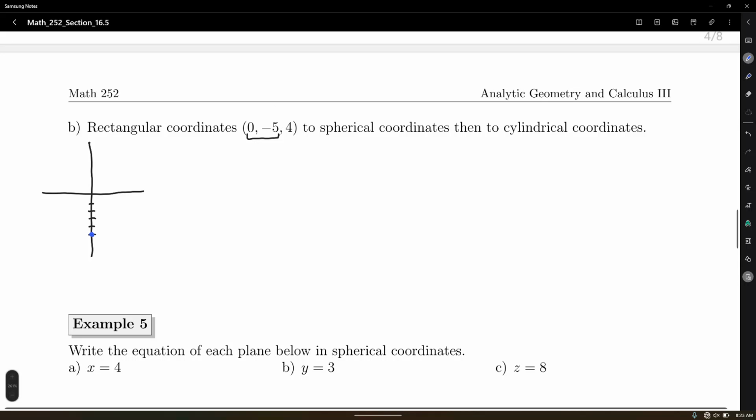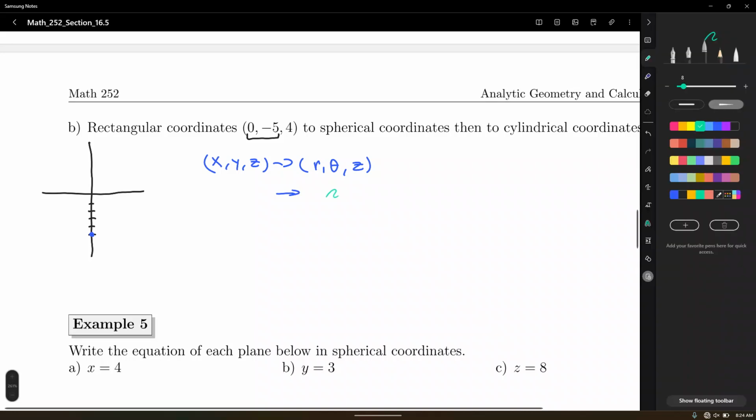That doesn't change. So if we want to convert from x, y, z to r, theta, z, the z is already a freebie here. It's already given. That is 4.